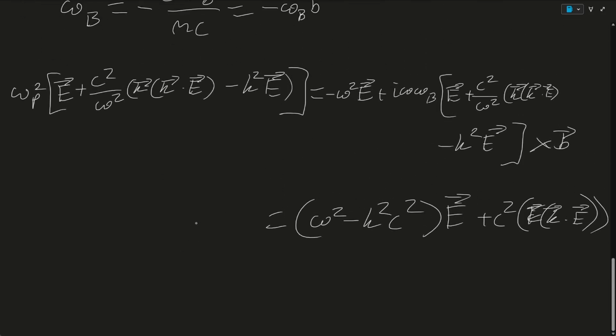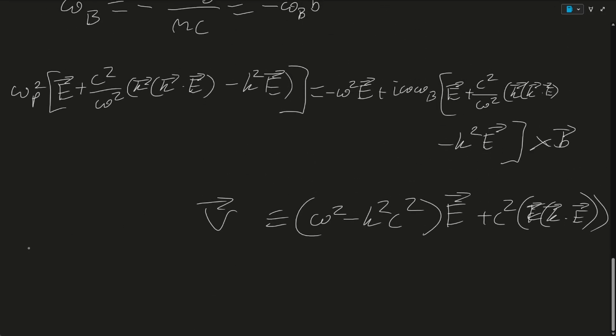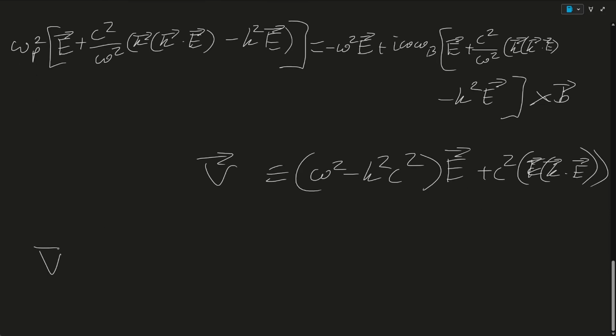This is our v. I forgot to say that. And that's equivalent to. So plugging this into this whole mess, we should have that v minus omega p squared e is equal to minus I omega p, omega v cross b.